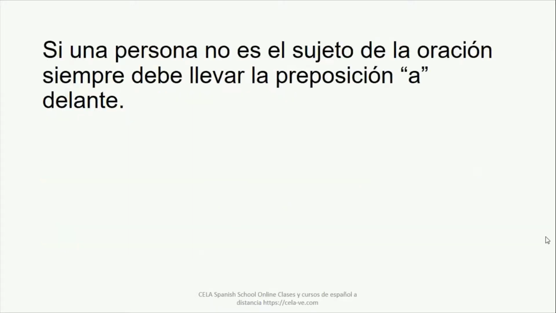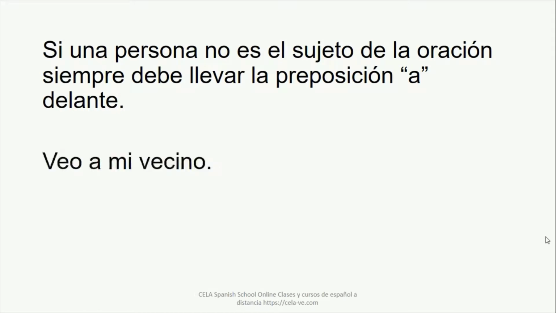In Spanish, it is not always easy to distinguish the objeto directo from the objeto indirecto when referring to a person. Because when a person is not the subject in the sentence, the preposition a always comes before it.